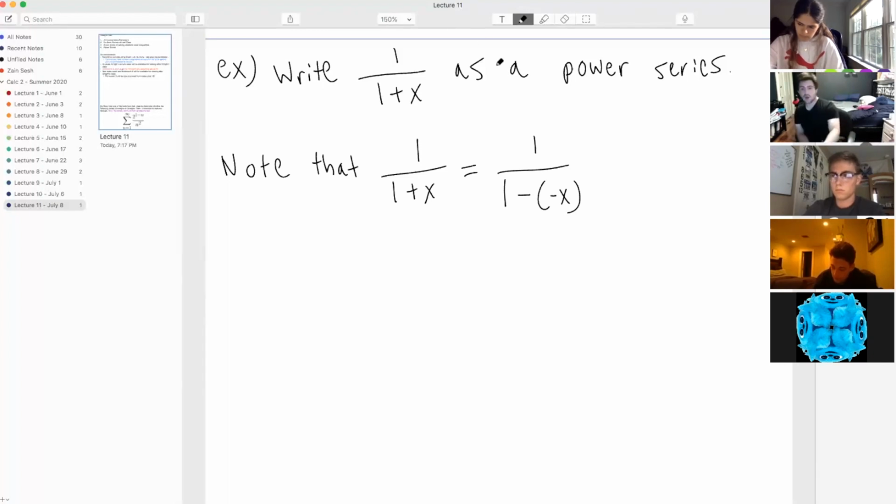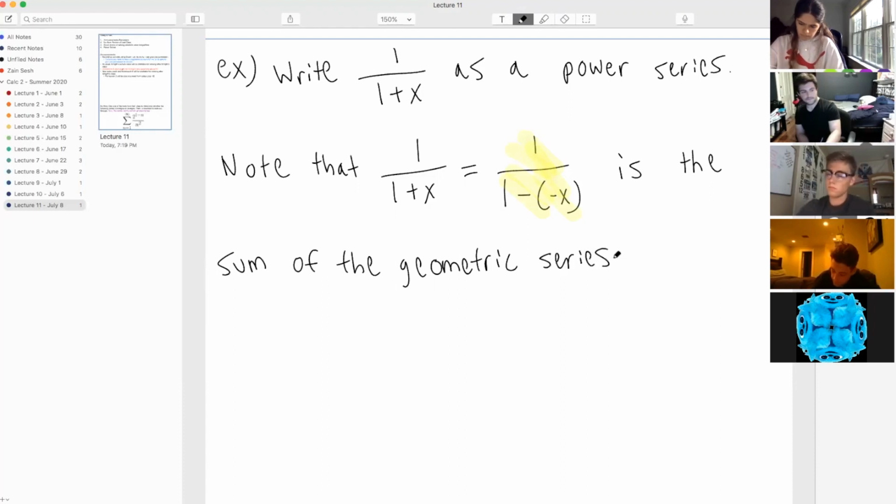Good. Now we see that this highlighted portion is the sum of the geometric series with initial term a equaling 1 and ratio r.